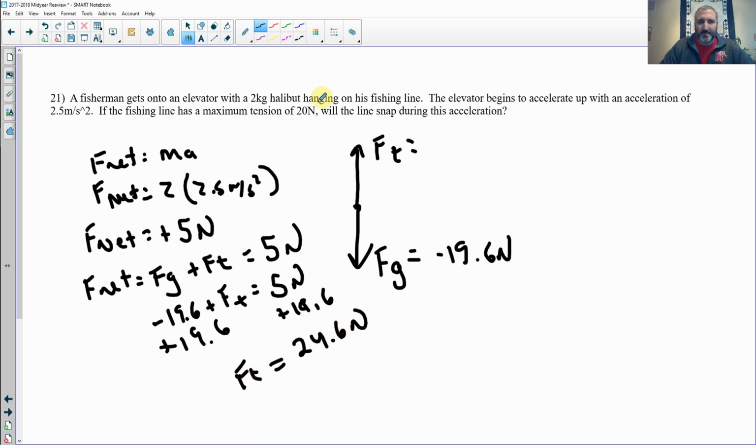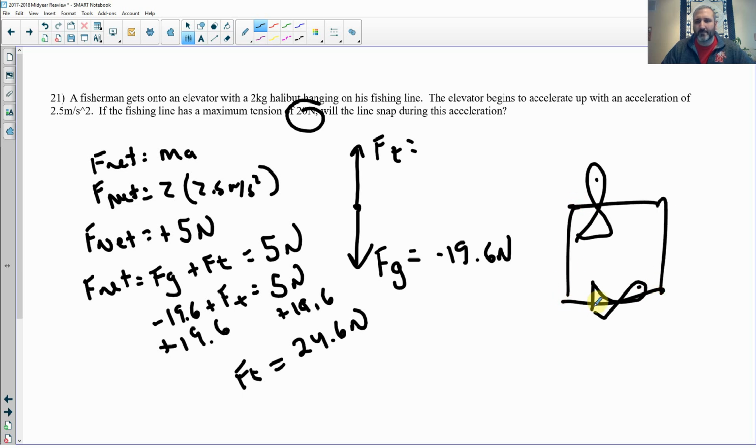Now, what is the maximum tension we can handle? 20 newtons. That means my fishy is not like that. My fishy is on the floor. Like that. That fishy on the elevator. Okay? Hope that makes sense.